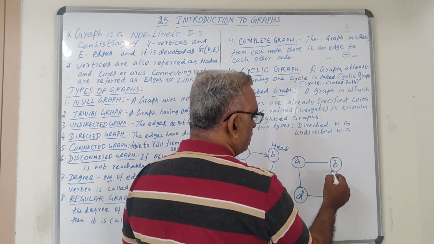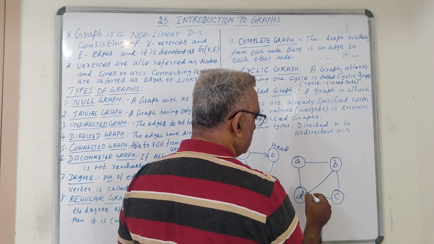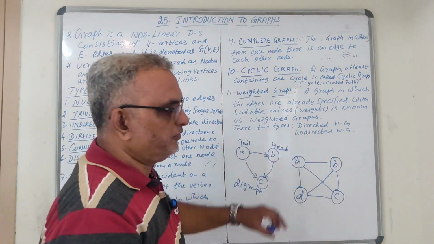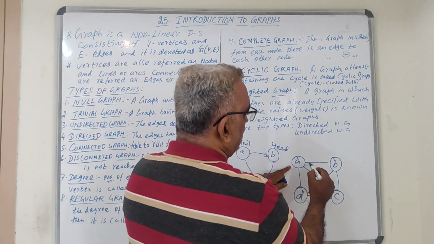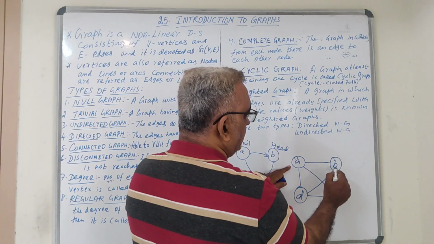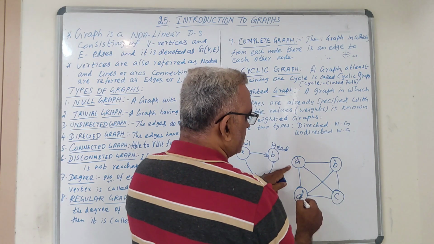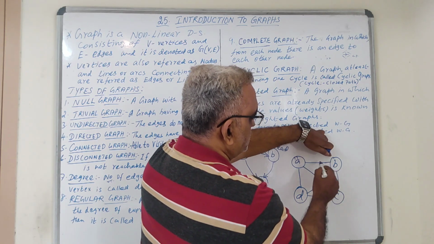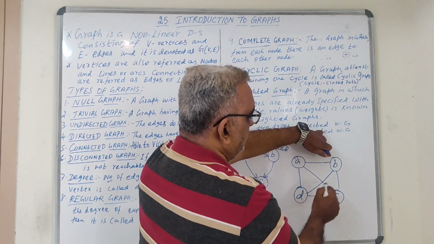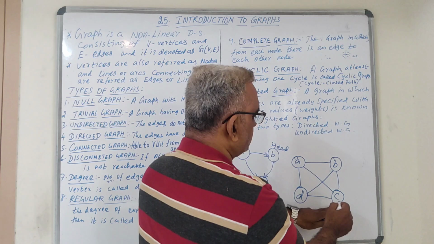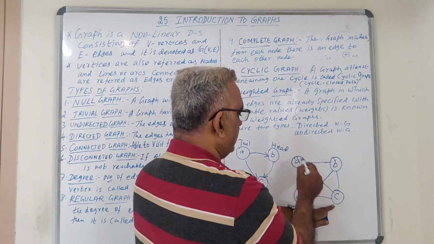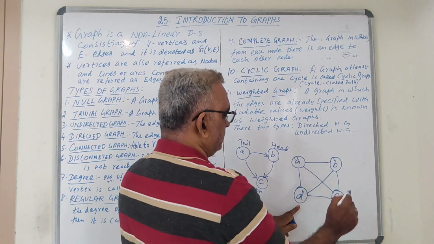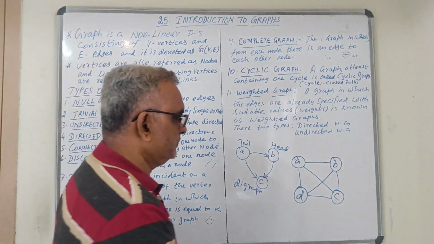If you take A, you have edges to B, C as well as D. From B, you have edges to A, D and C. Similarly from C to B, A, D, and from D to A, B, C. This is called a complete graph.